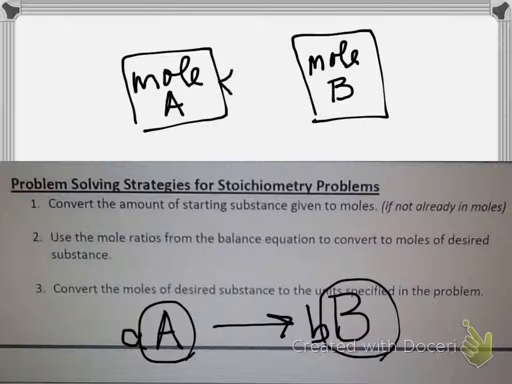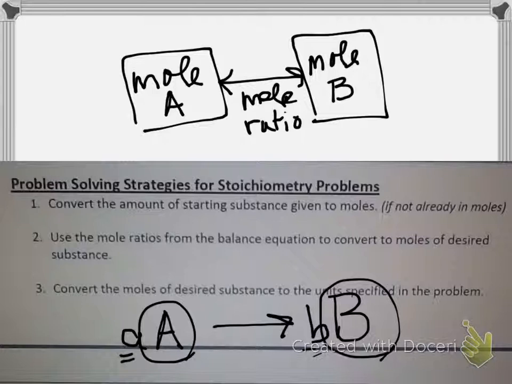So I'm going to use a mole to mole ratio. Also, by this book, we call it a mole ratio. It's the same thing. If I say mole to mole ratio or mole ratio, it's the same exact thing. That's going to be the quantities of the coefficients of the balanced chemical equation.